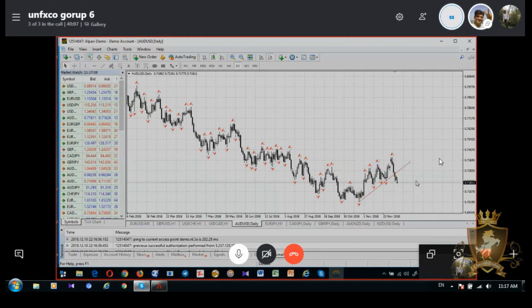You keep it so you would get the pullback. If you want to copy the parallel, it wouldn't be of any use because your trend line has broken. So you should wait for the pullback, so it would pass or it pulls back.